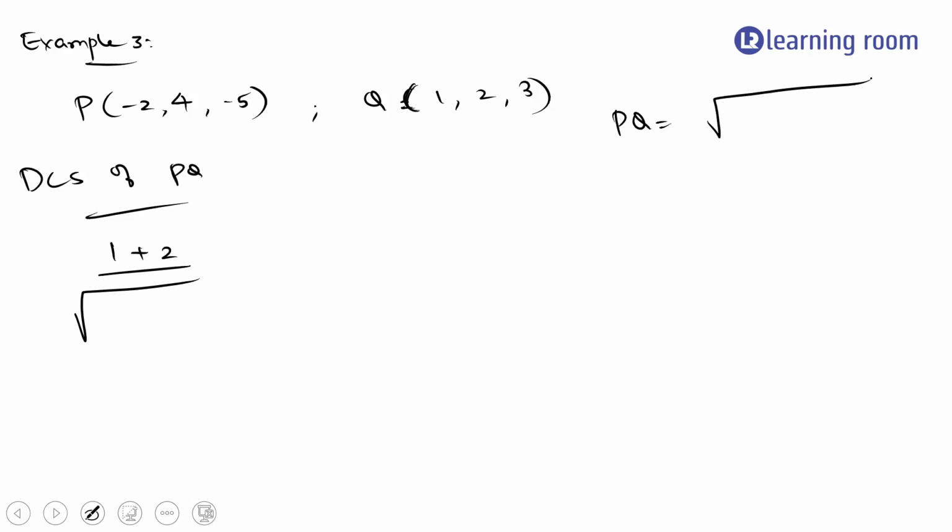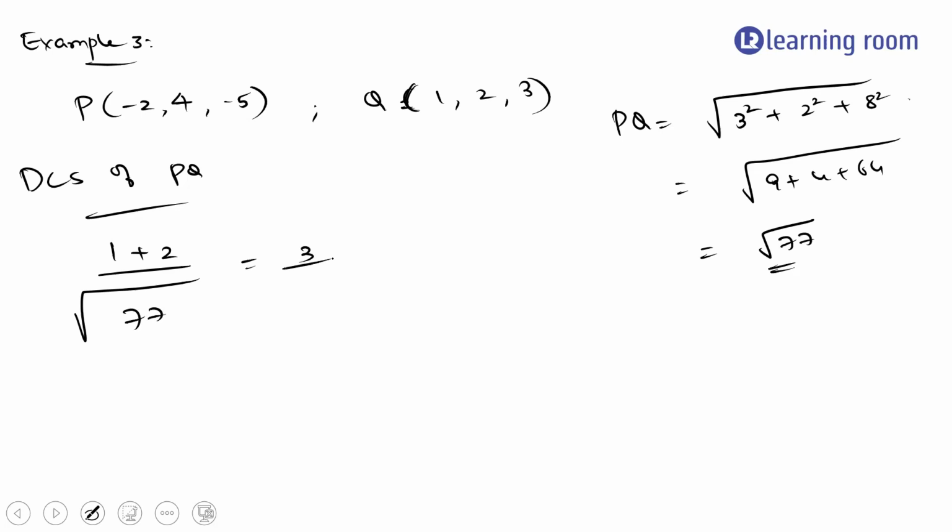Root of 3 square plus 2 square plus 8 square. So that will be root of 9 plus 4 plus 64, 77. So it will be 3 divided by root 77, comma, minus 2 divided by root 77, comma, 8 divided by root 77.